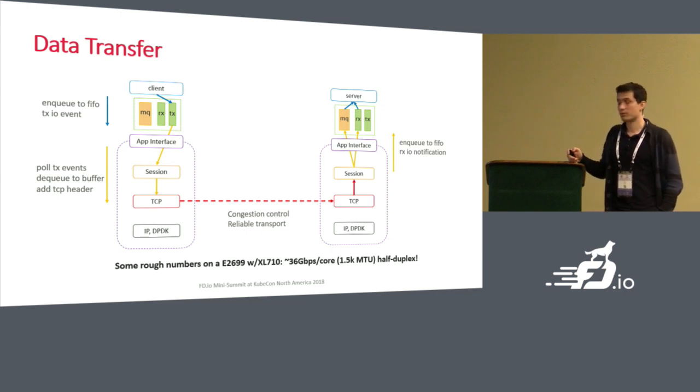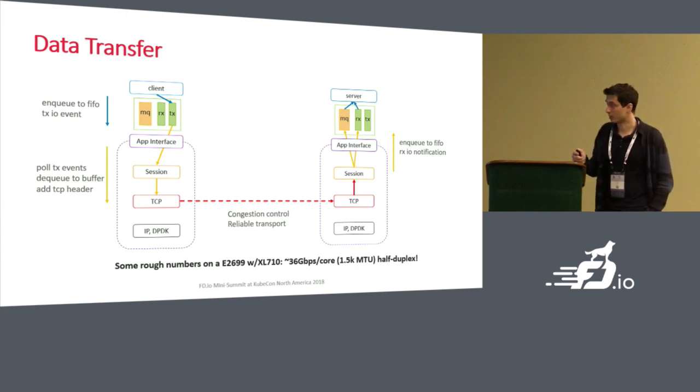And we get this with 1.5K MTU and in half duplex mode. So two observations here. Actually, VPP can do more, but the NIC cannot do more. So we're hoping to get better NICs, 100 gig NICs, to see just how fast the stack can work.